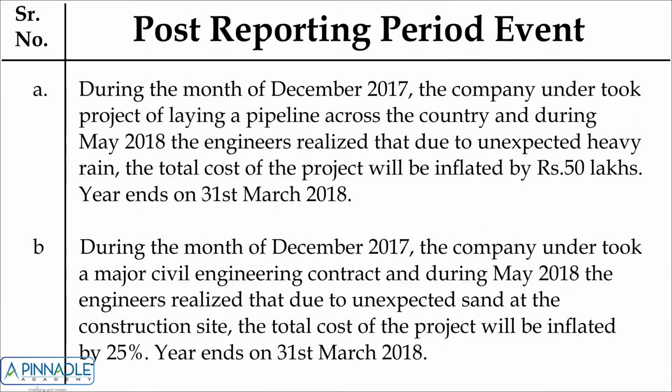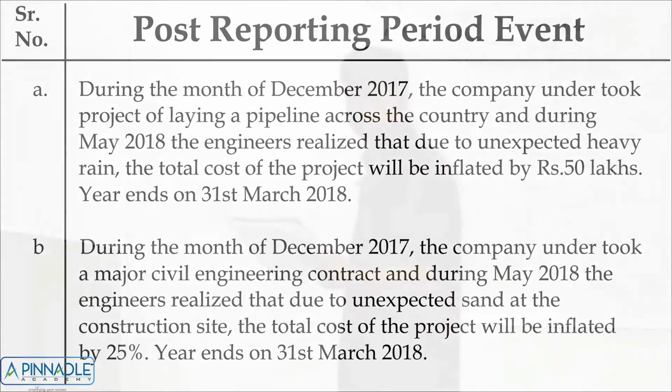During the month of December 2017, the company undertook a major civil engineering contract, and during May 2018, the engineers realized that due to unexpected sand at the construction site, the total cost of the project will be inflated by 25%. Year ends on 31st March 18.